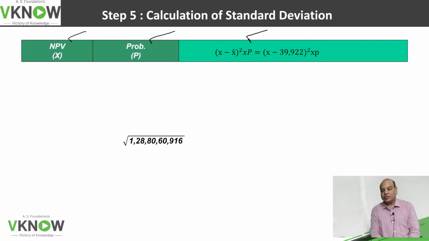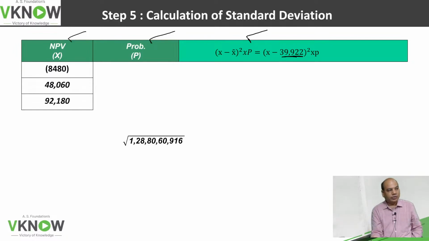X minus x bar square into probability, where x bar means expected NPV. What is x bar here? X bar, this is expected NPV, already calculated, square into probability. There are three possible NPVs.